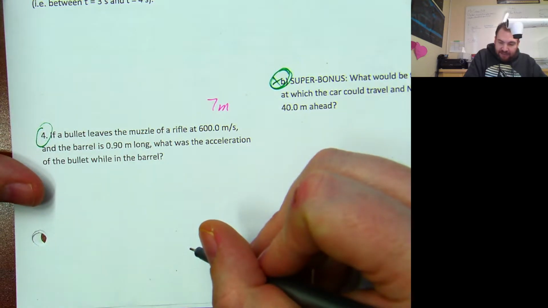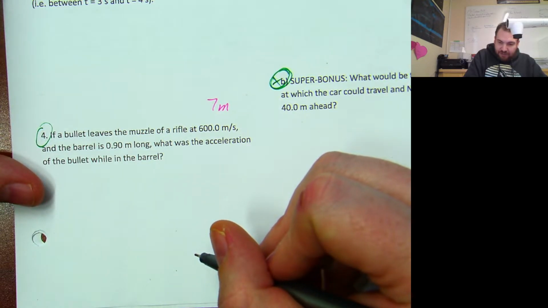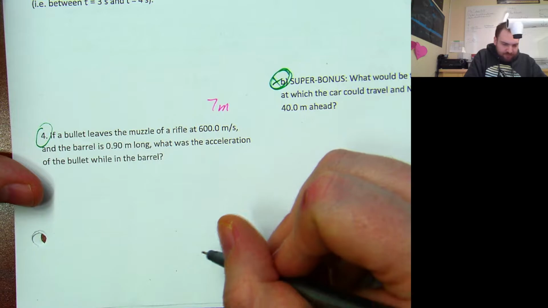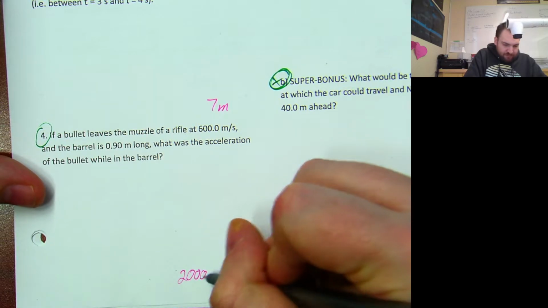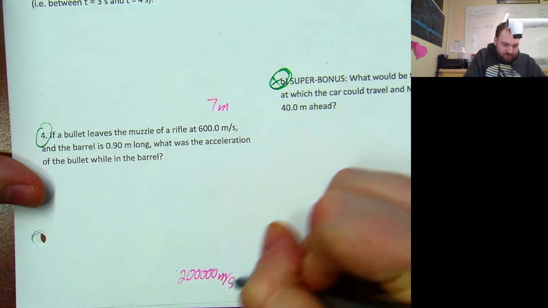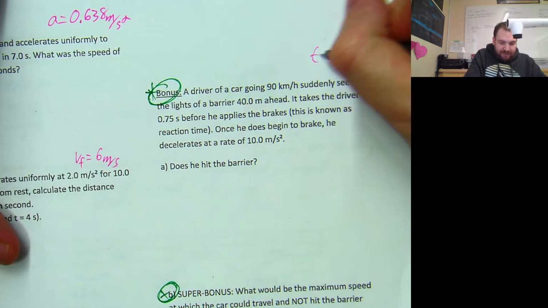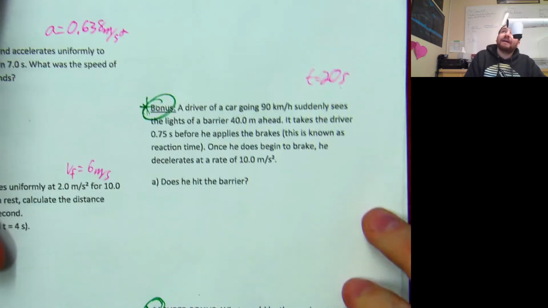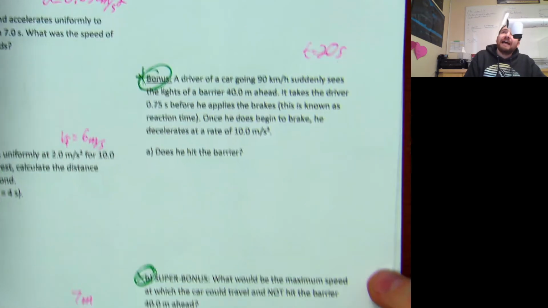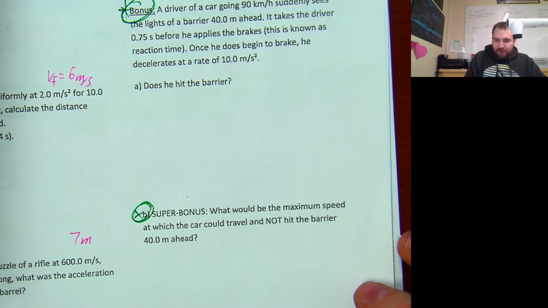I got 200,000? It's pretty decent acceleration. 200,000 meters per second squared. Number 5, I got t equals 20 seconds, if you want to go back and look at number 5. And now the bonus and the super bonus.